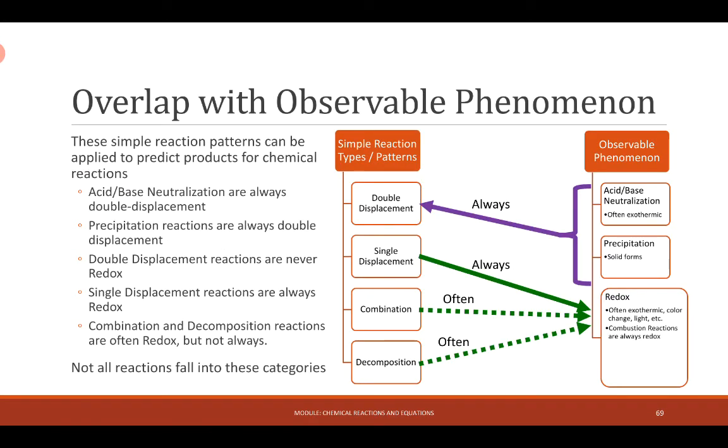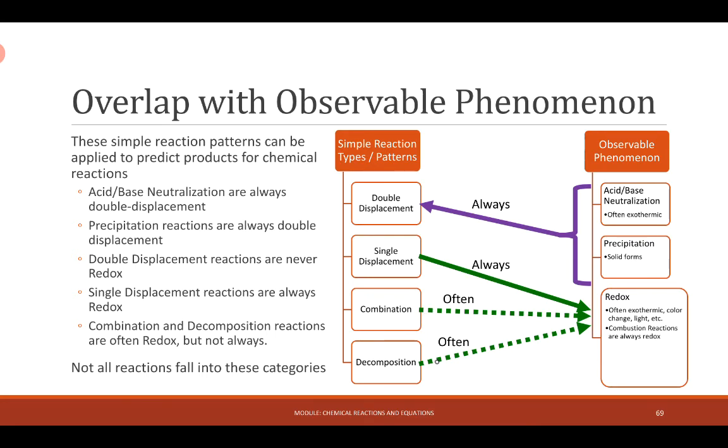Here's another way of overlapping those categories. So for our simple reaction patterns, our acid-base neutralization reactions and precipitation reactions will always follow our double displacement reaction pattern. Single displacement are always redox.